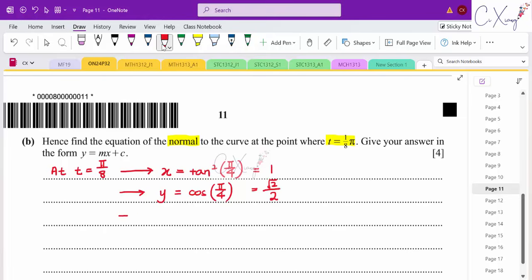Then after that, I have the passing point already, the x and y coordinates. I also need the gradient of the tangent first, which is dy/dx.